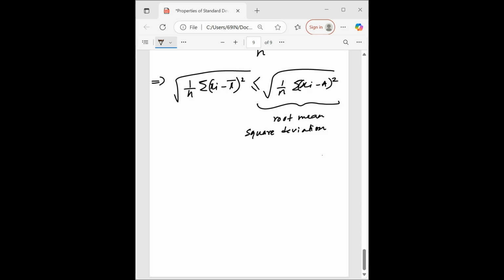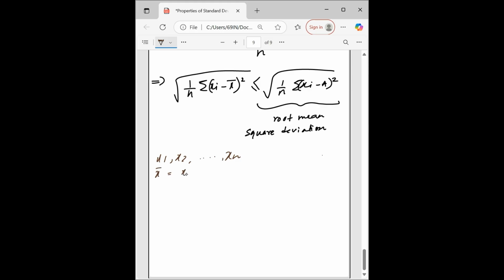Let's say we have n observations, x1, x2, which goes on till xn. The mean x bar is equal to (x1 plus x2 plus, goes on till xn) by n. Now let's calculate the sum of deviations from the mean, which is nothing but the summation of xi minus x bar.